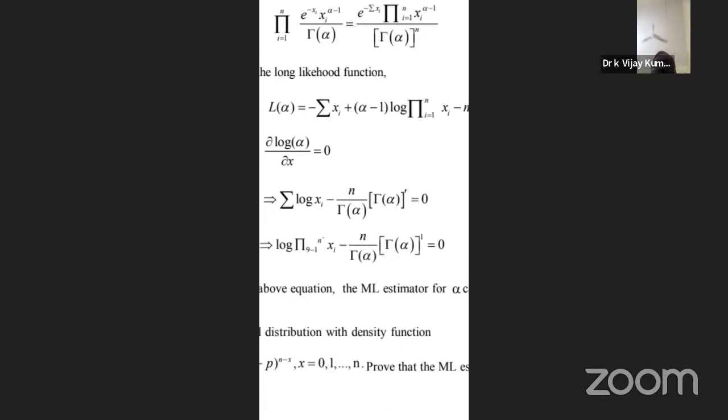Okay, so summation of log xi minus n by gamma alpha whole power. What are we doing? We are taking the second derivative. So by solving the above equation the ML estimator alpha can be obtained.